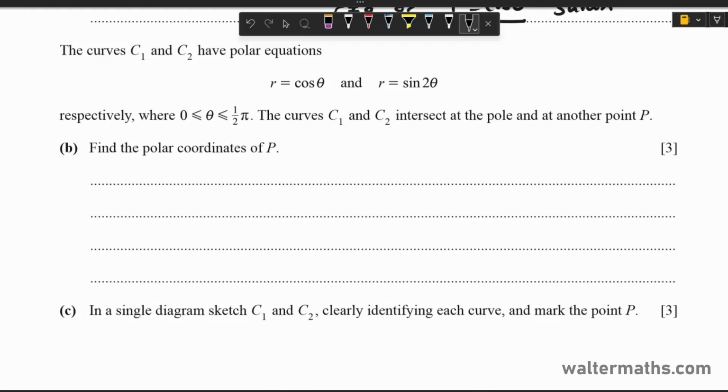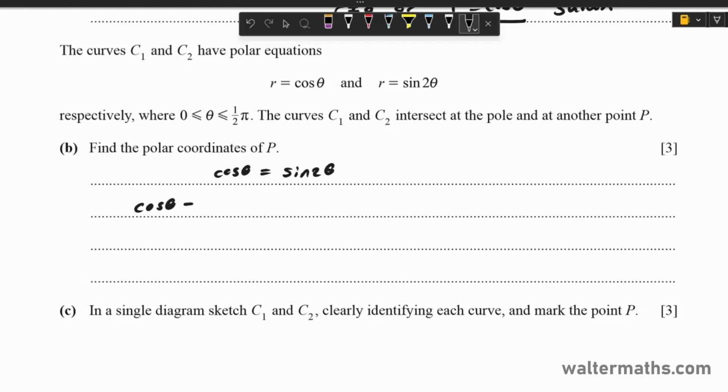Since these two curves are intersecting, we can solve them simultaneously, where we can say that cos theta is equal to sine 2 theta, which is the same as saying cos theta minus sine 2 theta equal to 0, which is the same as saying cos theta minus 2 sine theta cos theta equal to 0, and we can factor out cos theta to get cos theta times (1 minus 2 sine theta) equal to 0.